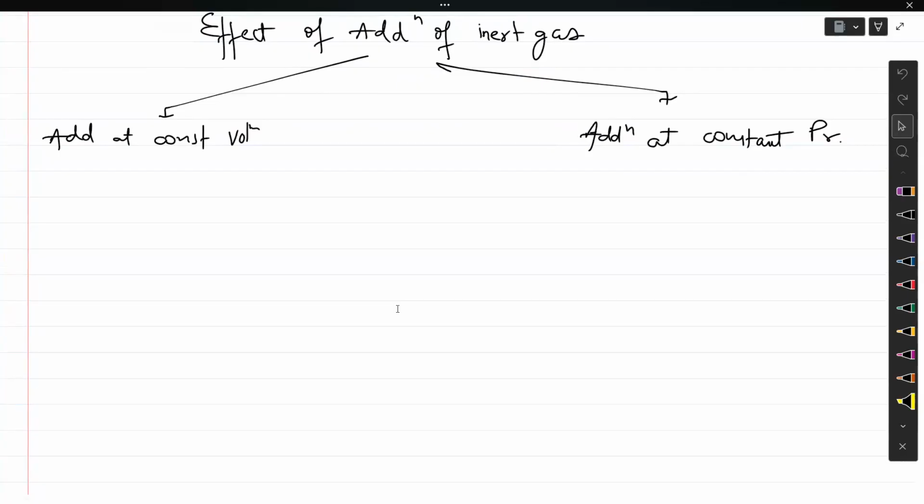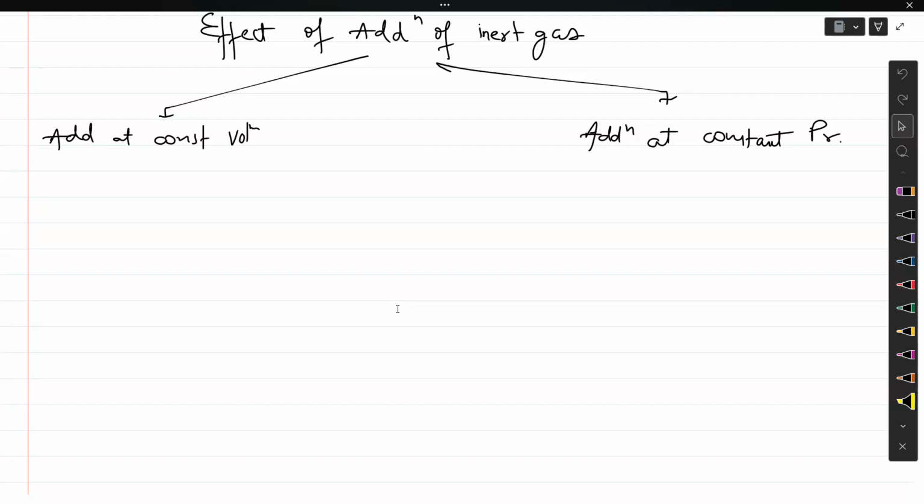So we were doing the effect of addition of inert gas. Gas can be added in two ways: at constant volume as well as at constant pressure.